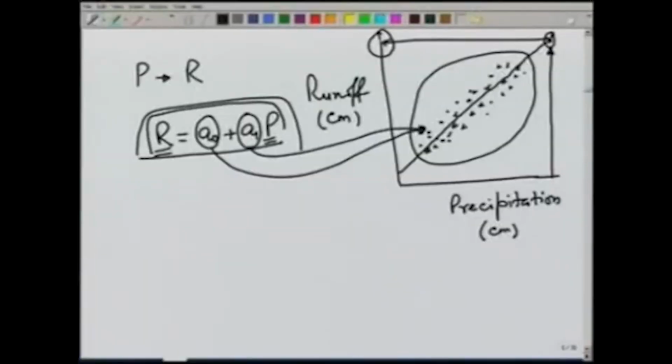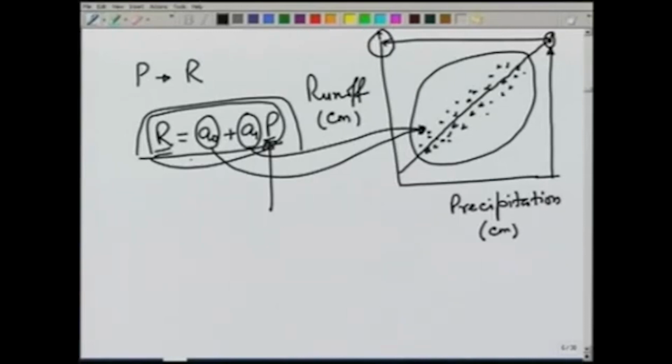Typically, the precipitation data is available for a very long duration compared to runoff, and also runoff data for very high discharges or very high stage in the river is not very reliable. Therefore, R versus P relationships are very useful, since P is known for a longer duration and P is also more reliable compared to R for high values of runoff.